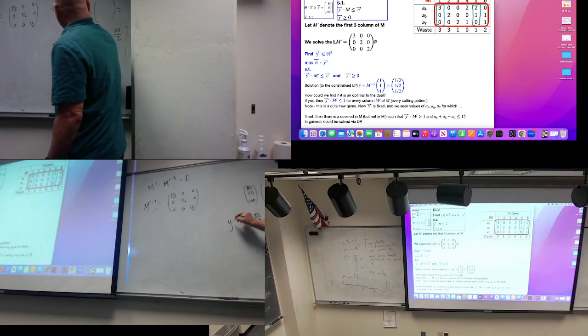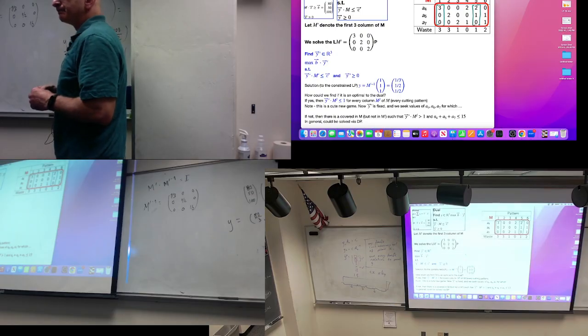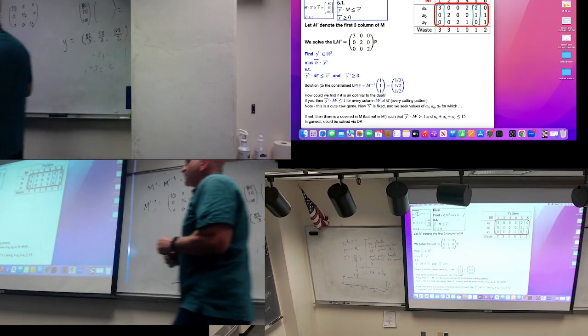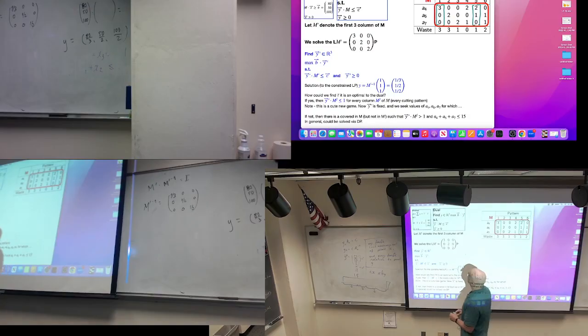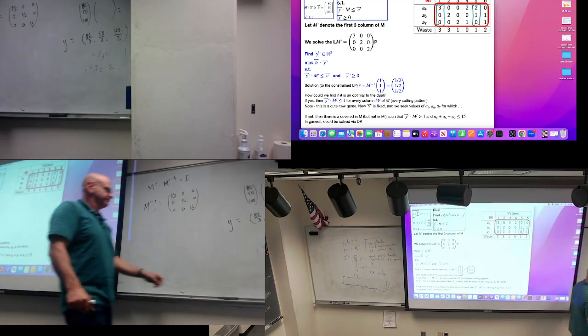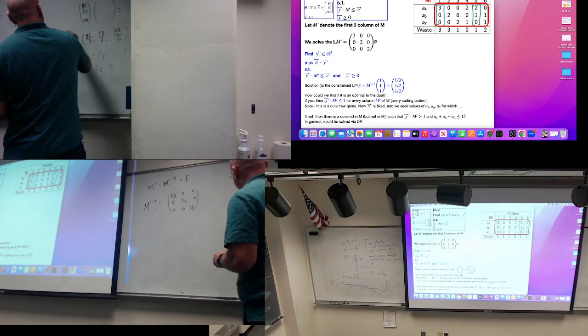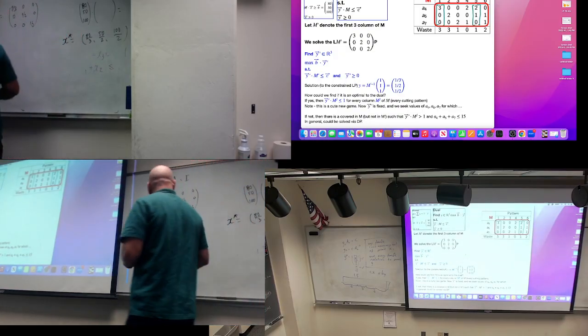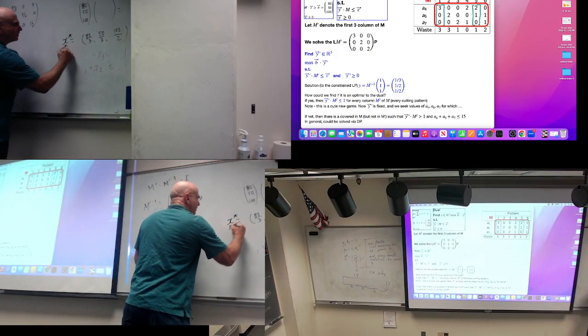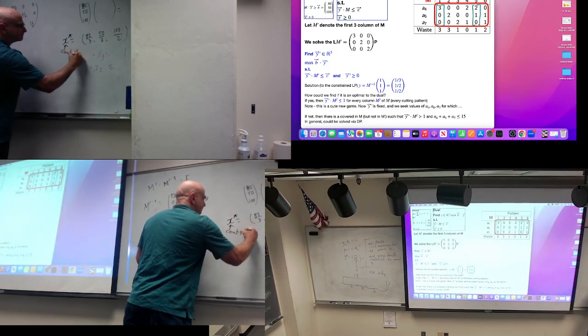So this will be my vector x, sorry, that would be my vector x prime, but only for the restricted problem.